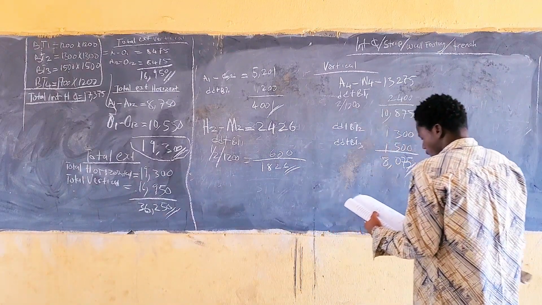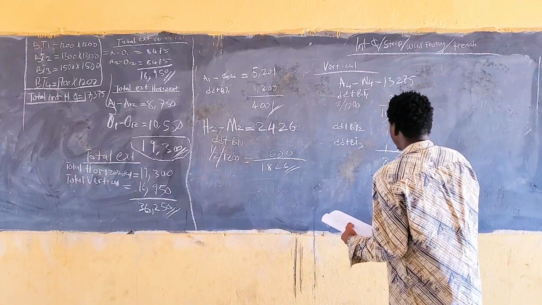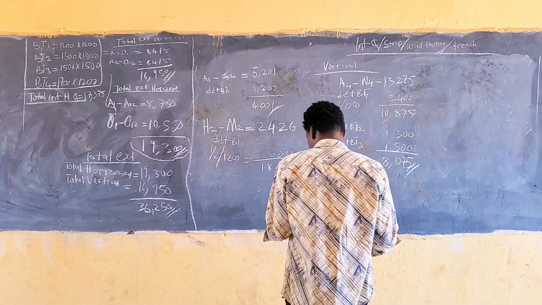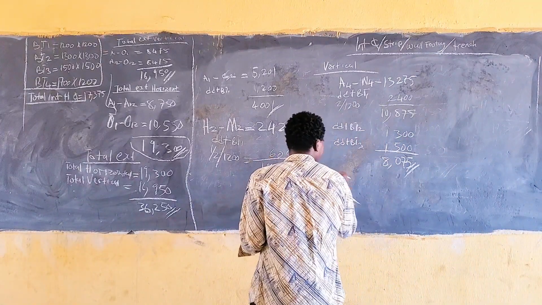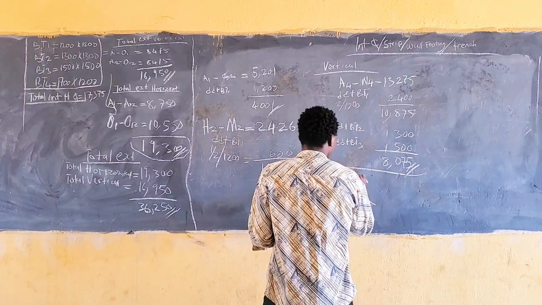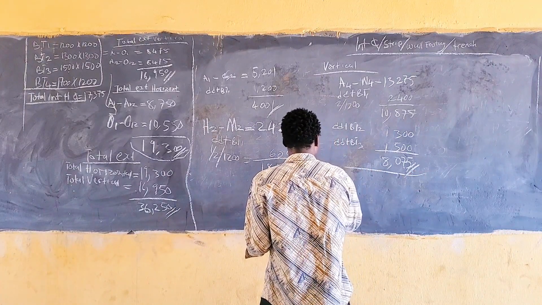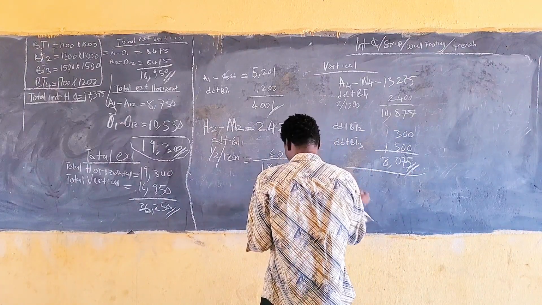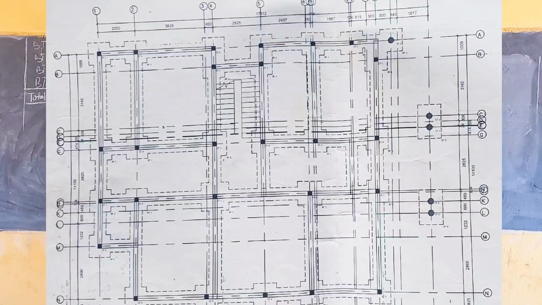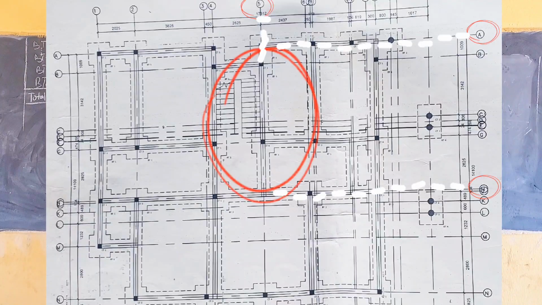Our next dimension is A5 to H5. If we sum up all the dimensions there, you'll get 8,050.